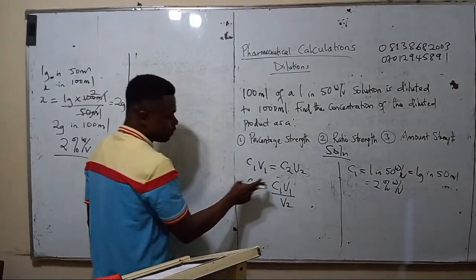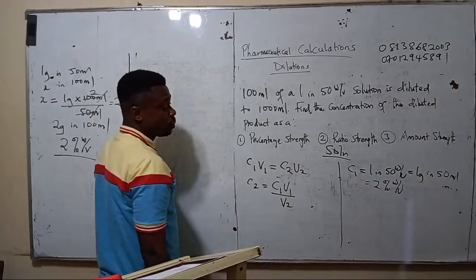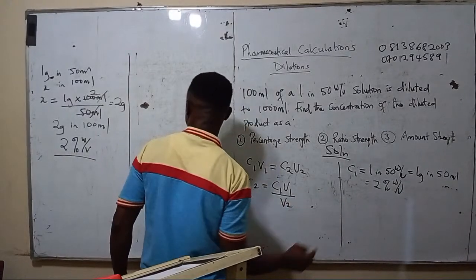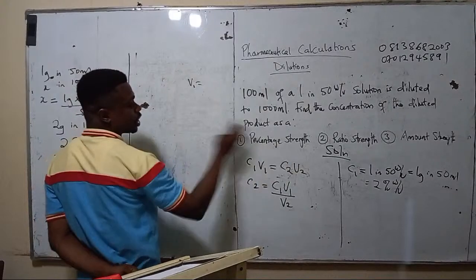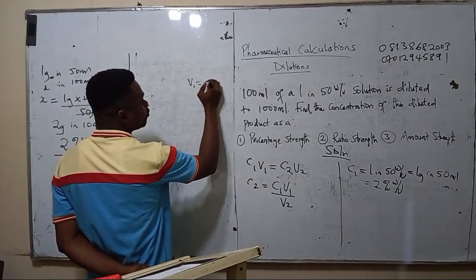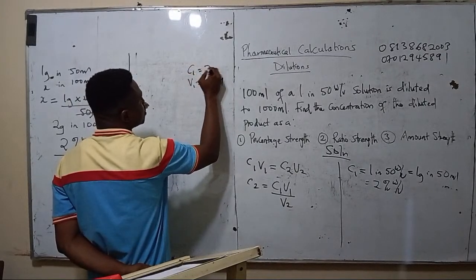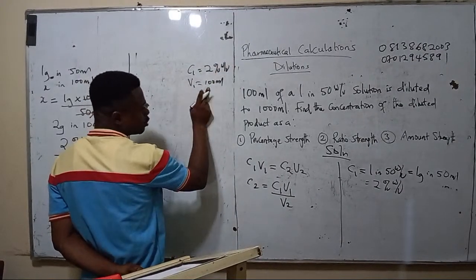Now we have moved our C1 to percentage strength. But what is our V1? From this question, our V1 is 100 mL. So C1 is 2% weight in volume, and our V1 is 100 mL.